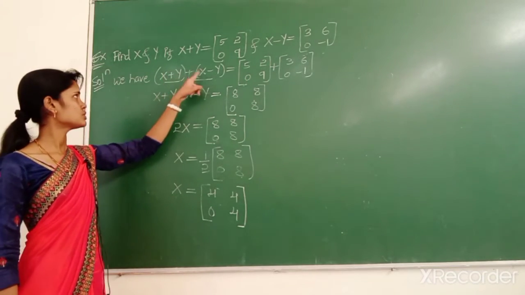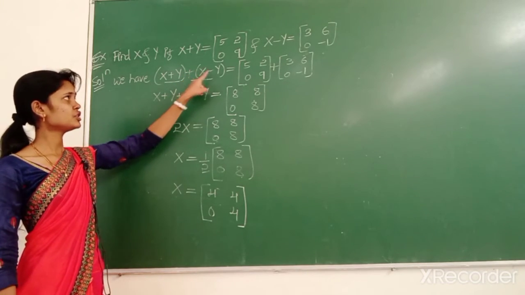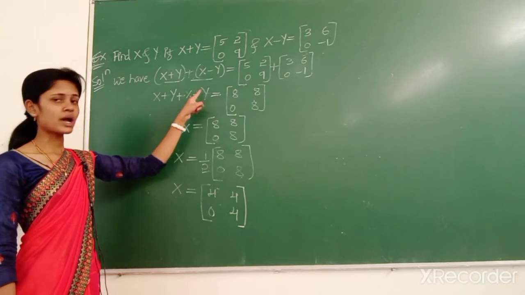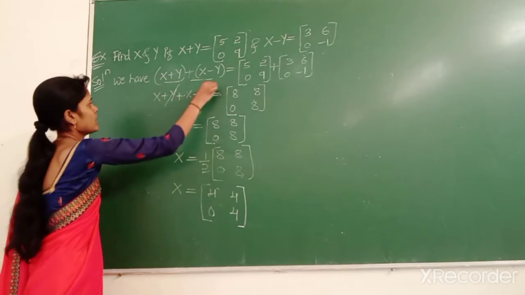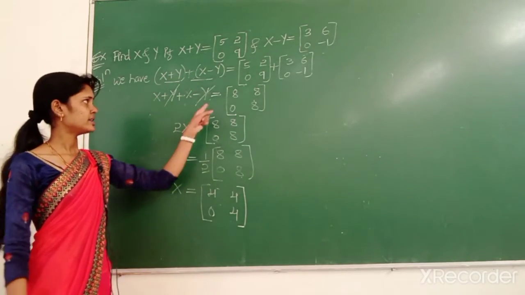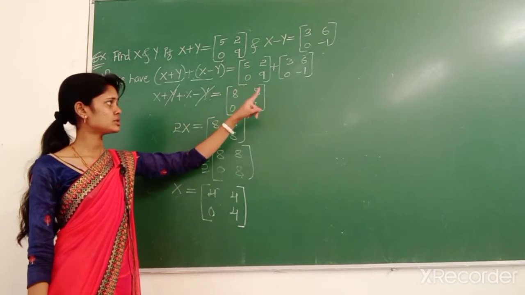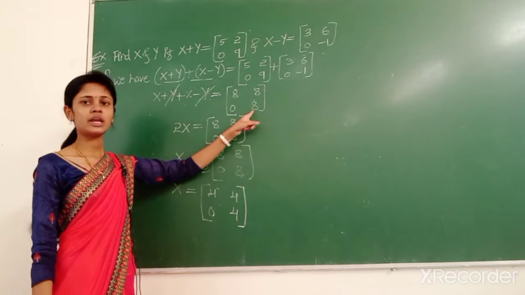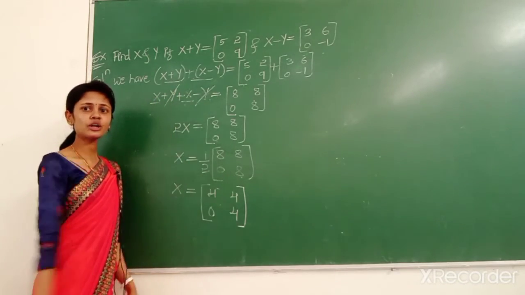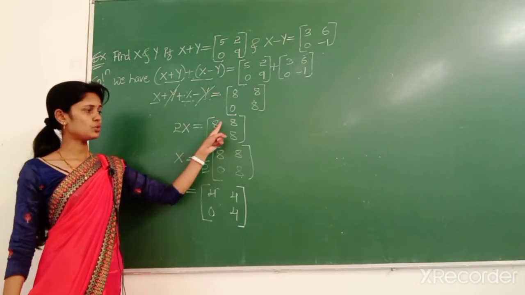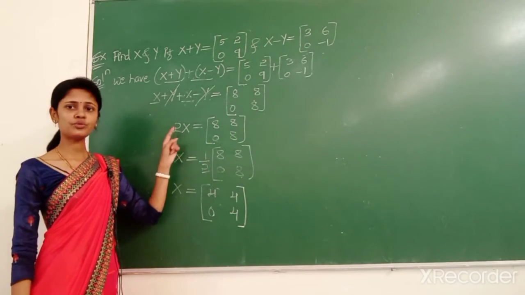So if we add these two, see here, X plus Y plus X, plus into minus is minus, so minus Y. X plus Y plus X minus Y. So plus Y minus Y gets cancelled, right? And then here 5 plus 3 is 8, 2 plus 6 is 8, 0 plus 0 is 0, 9 minus 1 is 8. So what is left here? X and X. X plus X is what? 2X. So 2X is equal to [8 8; 0 8]. So what do we get for X? Multiplication by 2 is there.